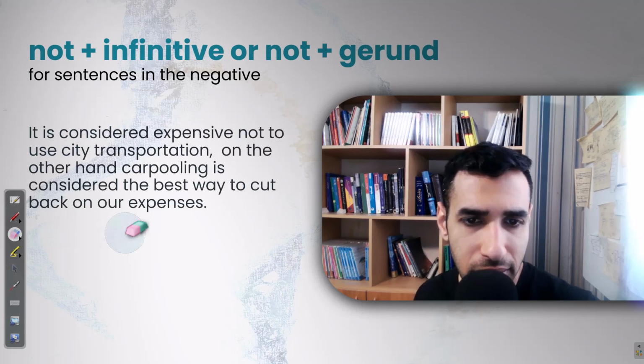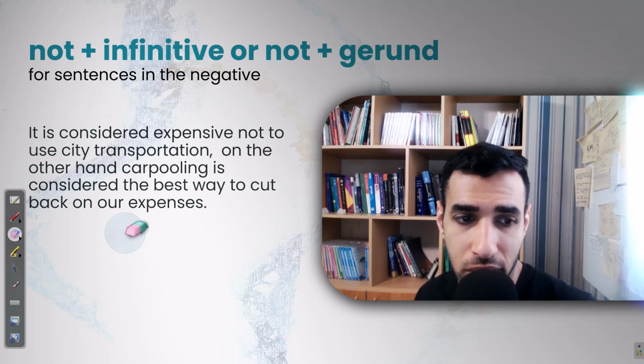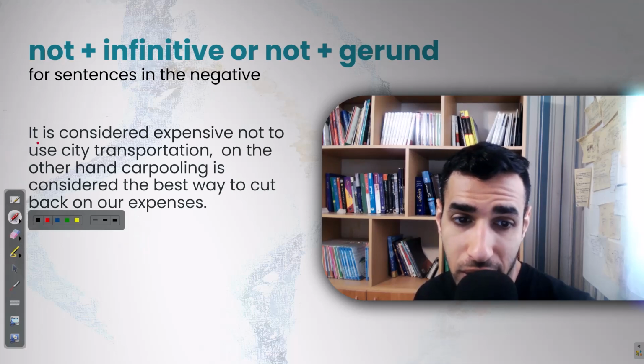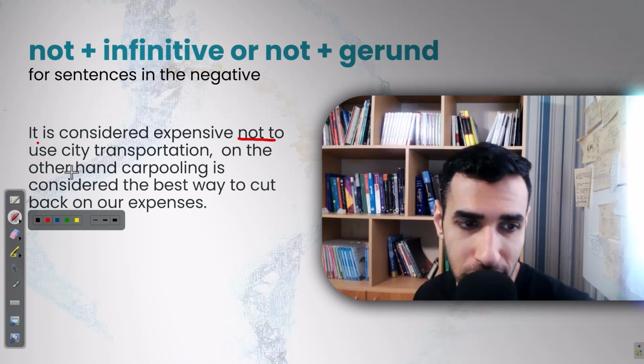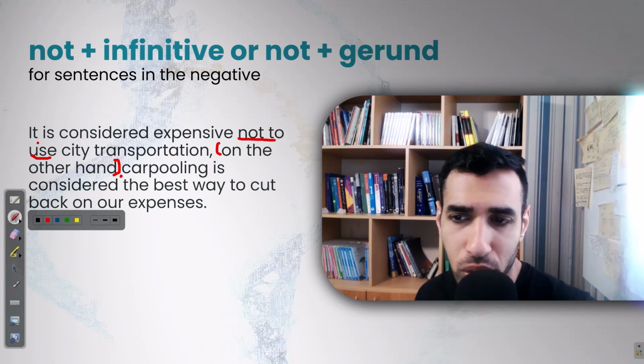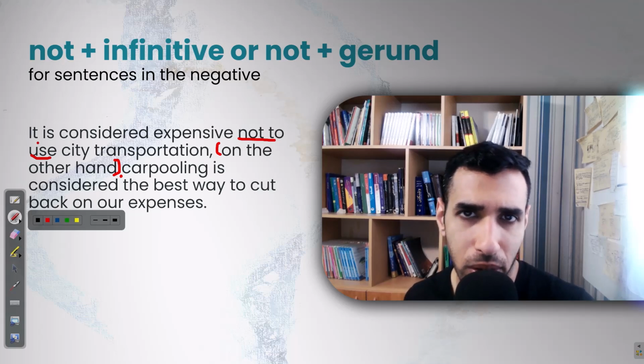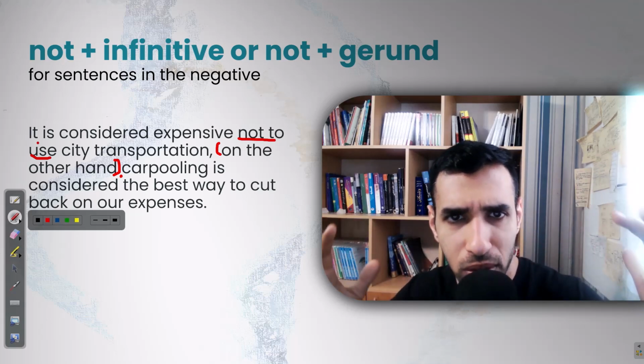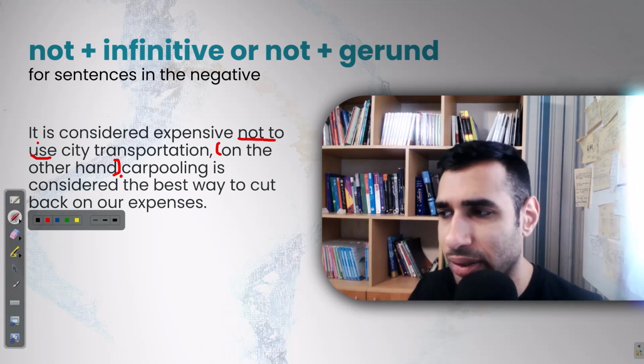It's considered expensive not to use city transportation. On the other hand, carpooling is considered the best way to cut back on your expenses. We have two sentences here. It's considered expensive not to use, the negative form of the infinitive phrase, city transportation. A transition, "on the other hand," comma, carpooling. Carpooling means a group of people using the same car, for example, to go to work.